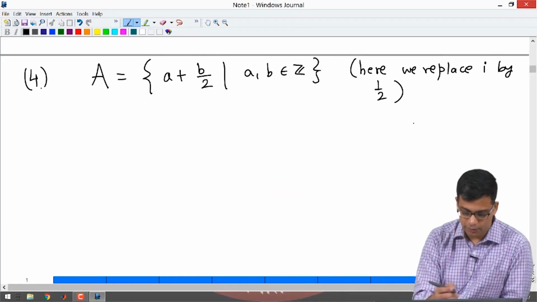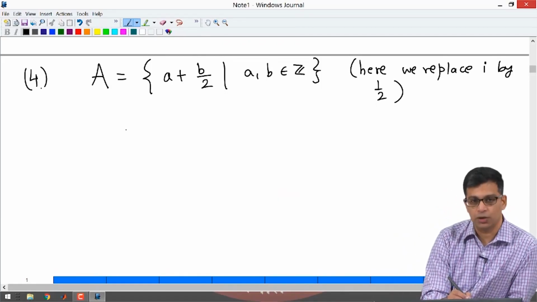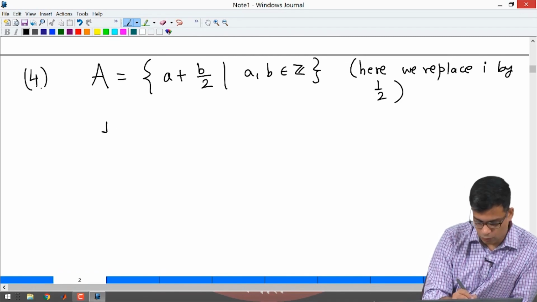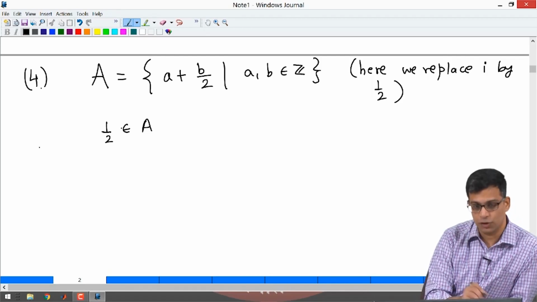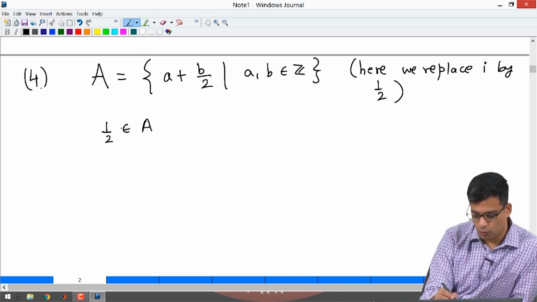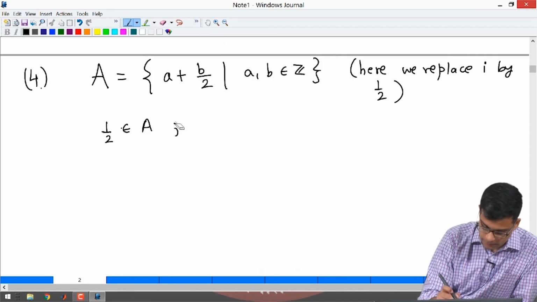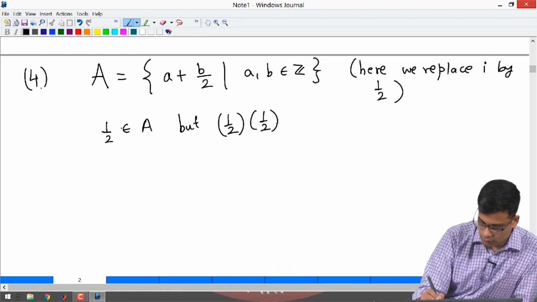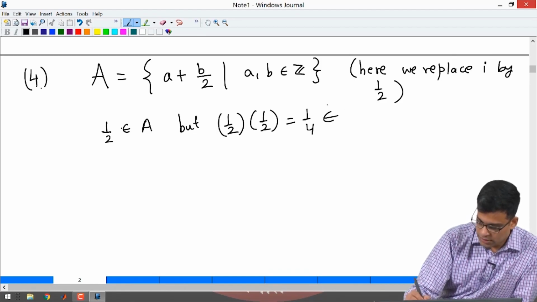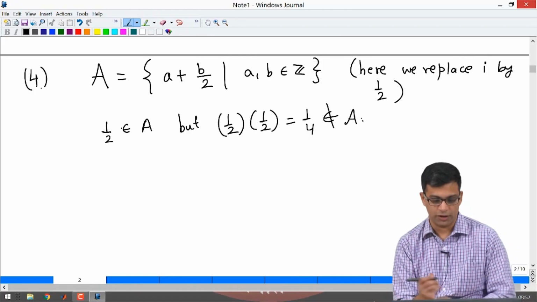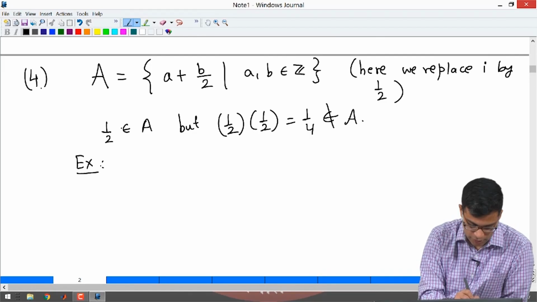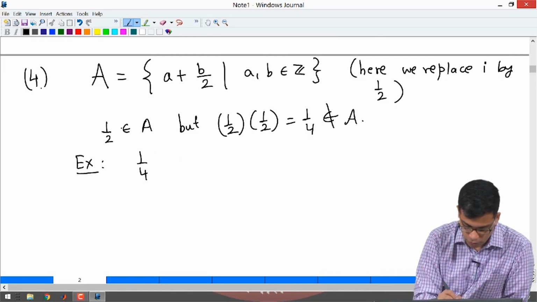Okay. So, here if you multiply two things here, for example 1 by 2 is in A, because that is 0 plus 1 times 1 by 2, but 1 by 2 times 1 by 2 which is 1 by 4 is not in A. So, one can check that 1 by 4 cannot be written as a plus b by 2 for some integers a and b. This is an exercise for you, it is not a difficult exercise.